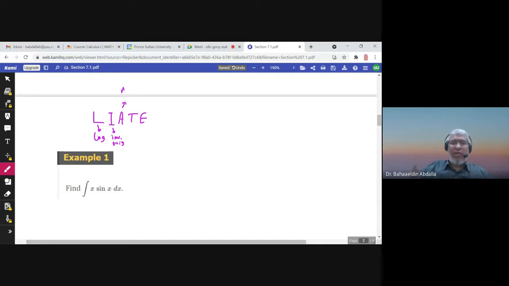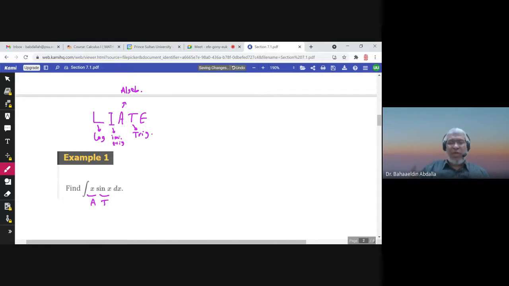A is algebraic, like x squared. So here x is an algebraic function. T is trigonometric, sine, cosine. So sine is trigonometric and x is algebraic.